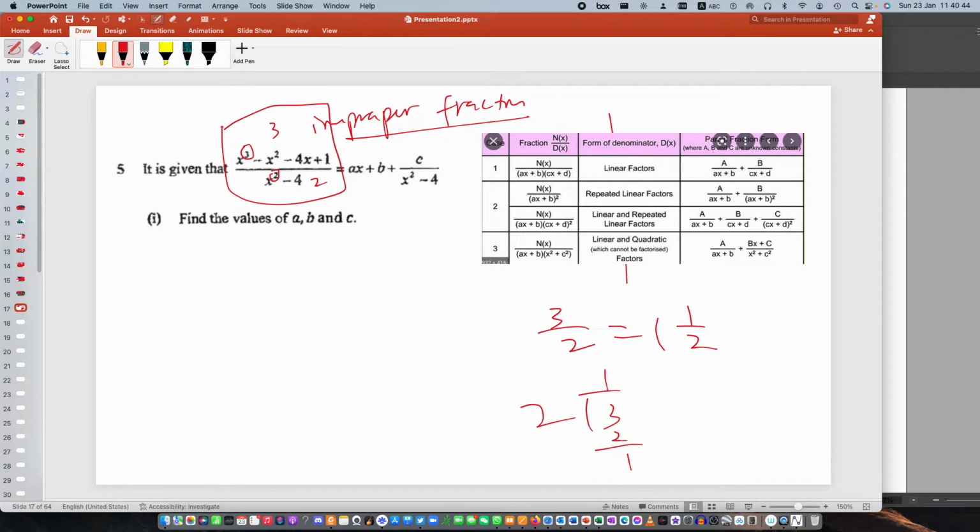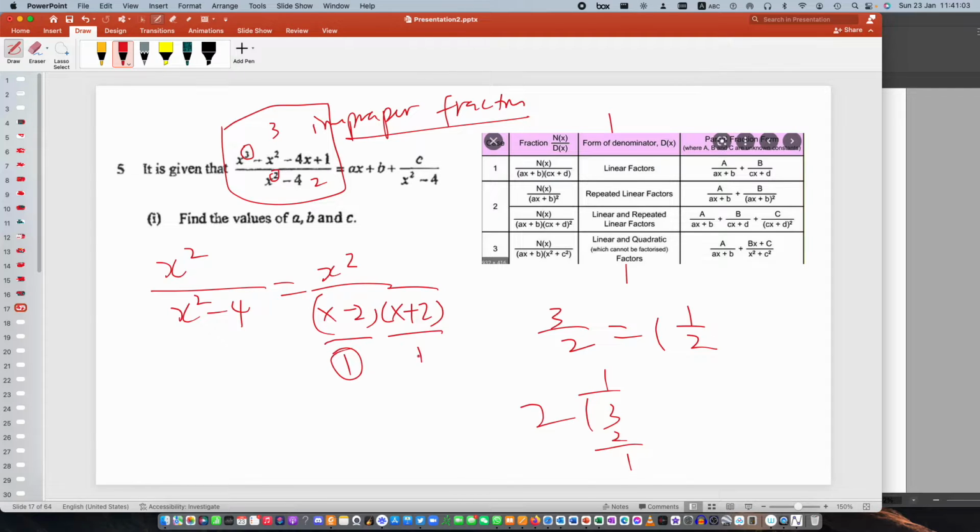So what I'm trying to say is, if you are given x squared minus 4 below, and you have x squared above, you don't just assume and continue. You factorize first, right? Once you factorize, then you say, oh, this is case 1, a over x minus 2 plus b over x plus 2.